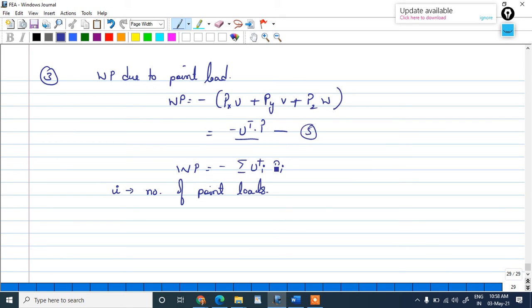If I substitute 2, 3, 4, 5 in 1, then my final equation will be. Let me write my work potential first.